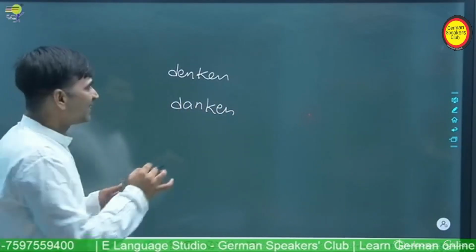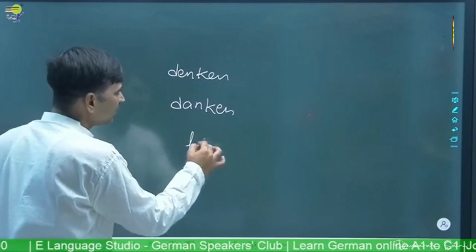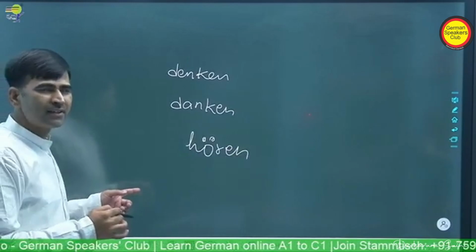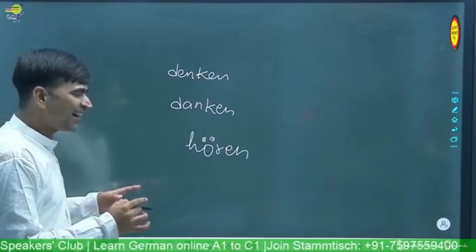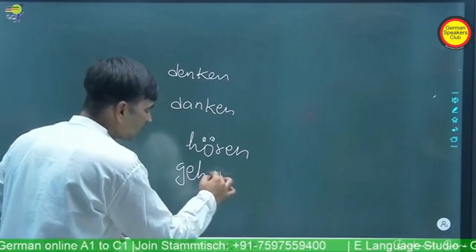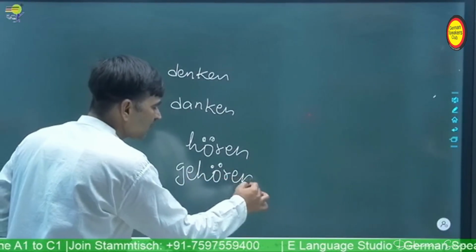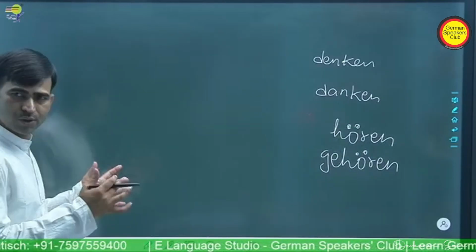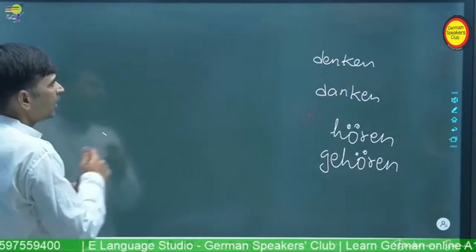I mean, in the next class you won't have any problems, but I'm sure from now onwards it's clear to you. ठीक है, चलो ये कौन सी फॉर्म है? Accusative. Now you tell me this verb, denken, which category does it fall into? It is accusative. Dative.